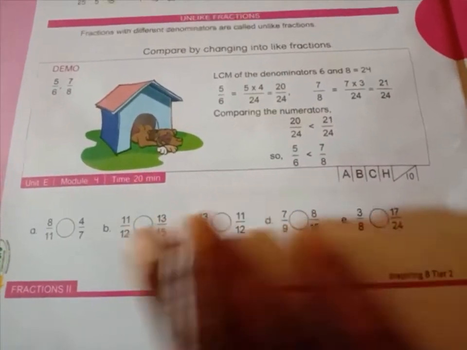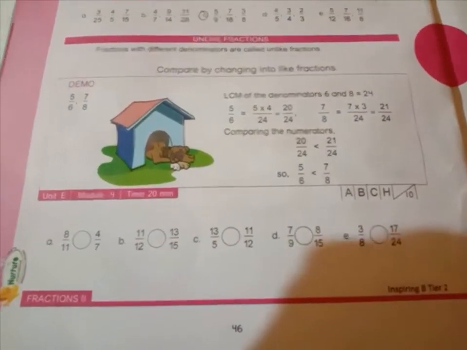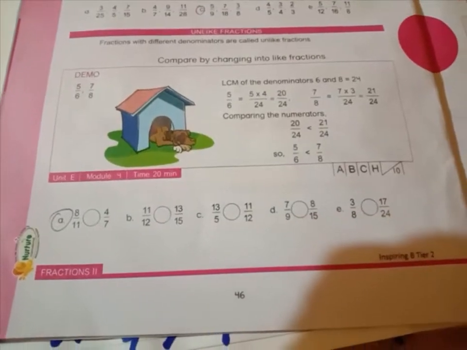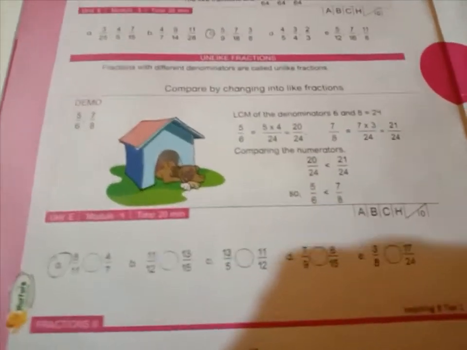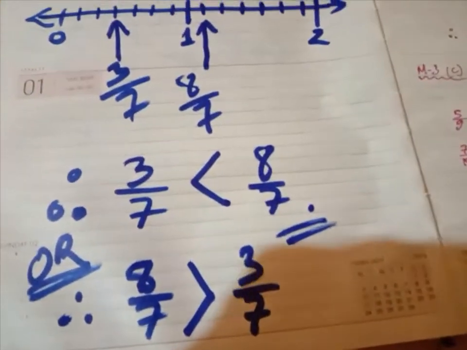So all these fractions you have to change into like fractions and then solve this. So we are going to solve number A. All the others will be a similar method.